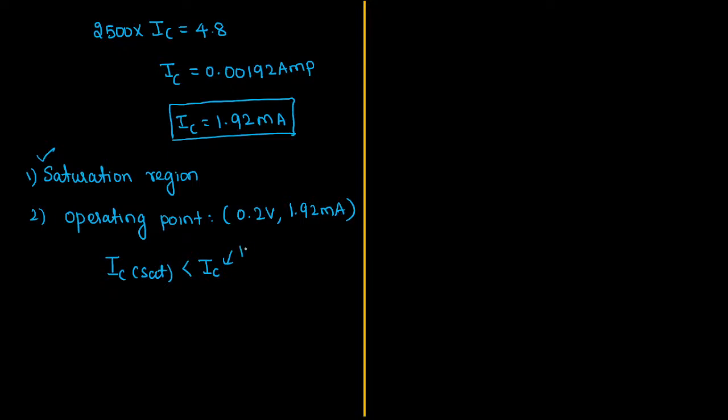IC we got 10 milliampere, whereas for IC sat we got 1.92 milliampere only. In this way also you can check whether the transistor will be in the active region or saturation region. If IC sat is less than IC, then the transistor will be operated in the saturation region. This is the alternative way to prove this.